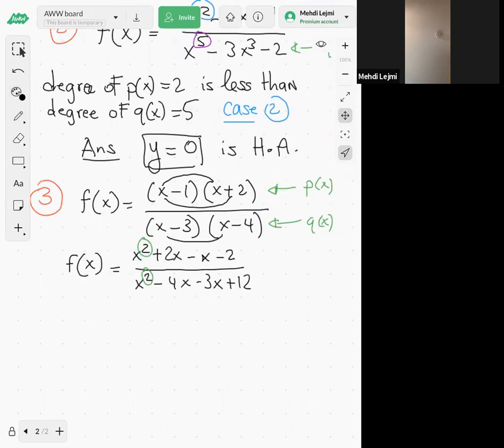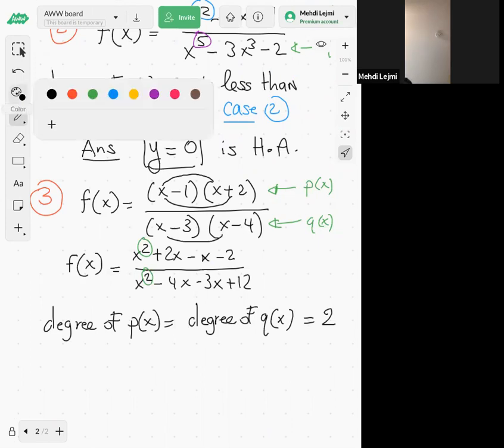So in this case, the degree of p is equal to the degree of q, which is equal to 2. So what we do when we have the same degree is take the ratio between the leading coefficients.